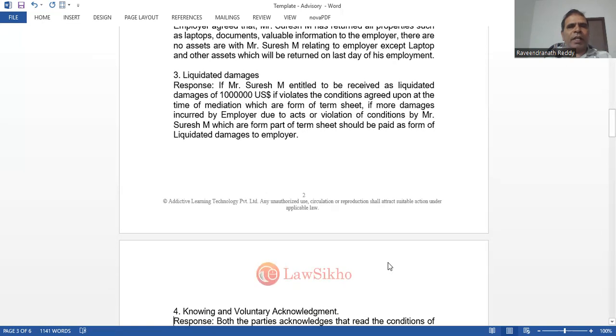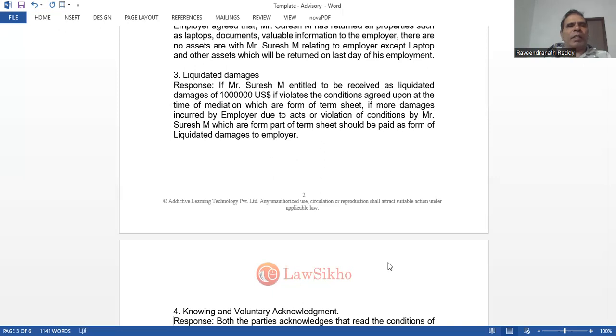Third one, liquidated damages. Liquidated damages are nothing but the damages incurred on violation of certain terms, as per the agreement. Response: Mr. Suresh M. is liable to pay liquidated damages of 10,000 US dollars if he violates the conditions agreed upon at the time of mediation, which form a part of the term sheet.